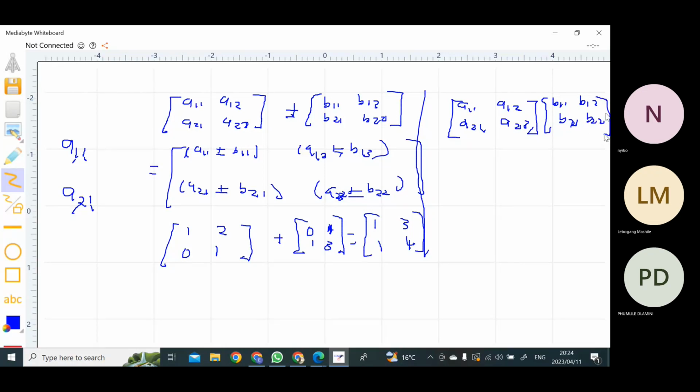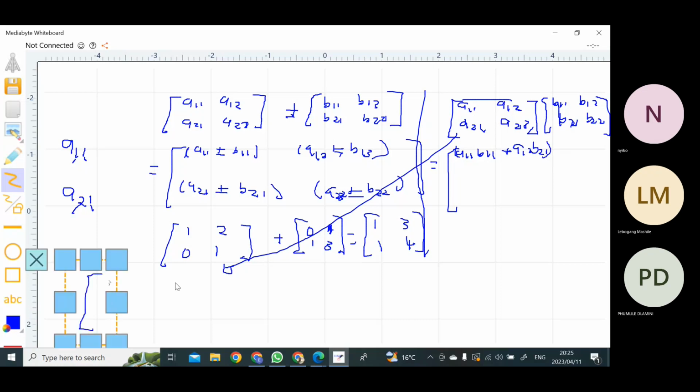So if I'm multiplying these two matrices, to get the first entry, you take this row and go this way, and you go this way. That means A11 multiplied by B11 plus A12 multiplied by B21. So this is one thing. Let me write this answer on this side here because I don't have space there.